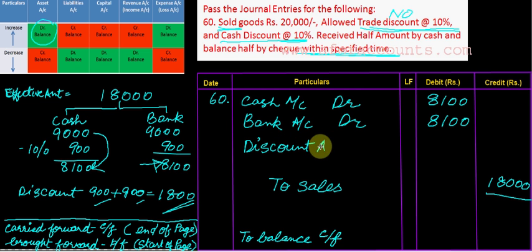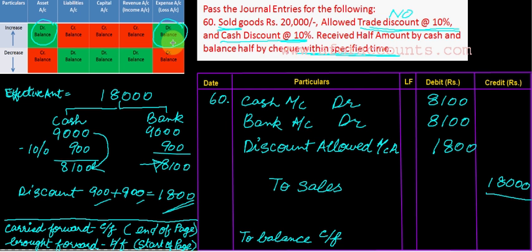Discount allowed account debit 1,800. Because discount allowed is an expense to business, and look here, all the expense when increases have to be debited. So discount allowed is being debited.